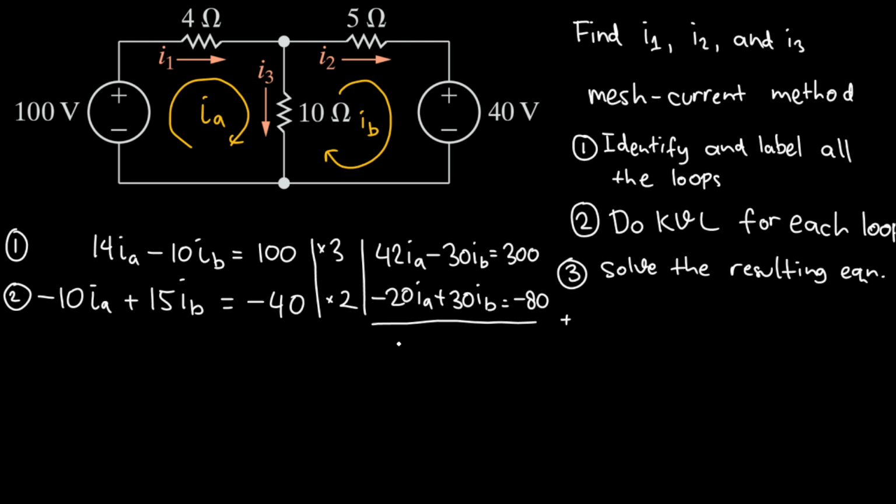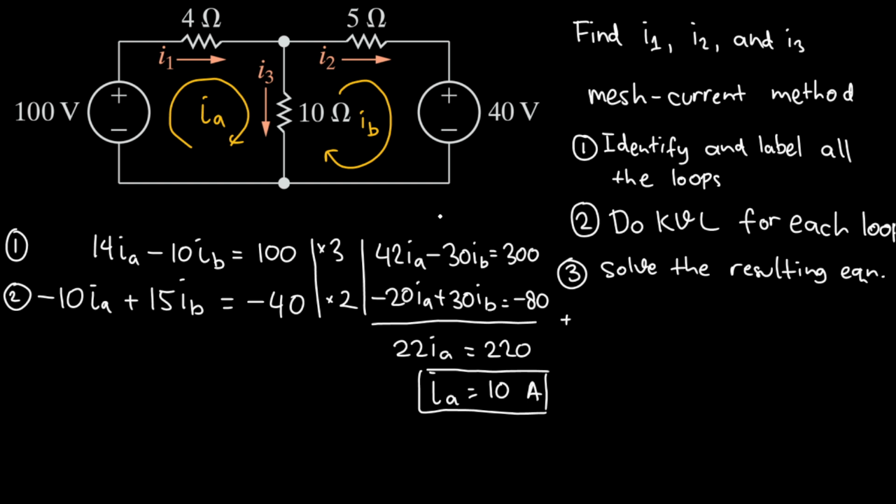So we will have 22 IA, and then that will equal to 220. And we will get our IA. IA is 220 divided by 22, that will be 10. And the unit here will be in ampere because all of that is in SI unit. Okay, so we know that the value of IA is 10 ampere.